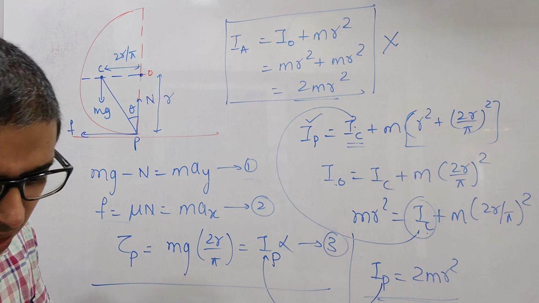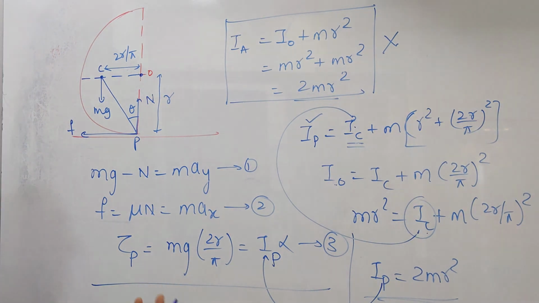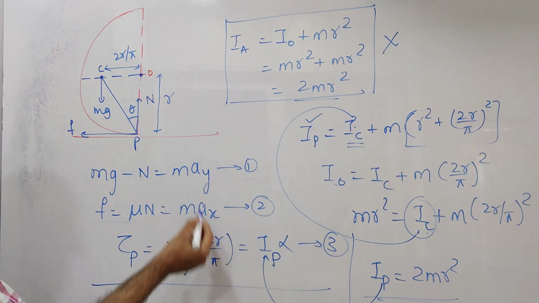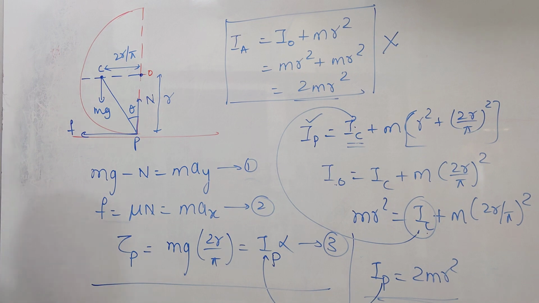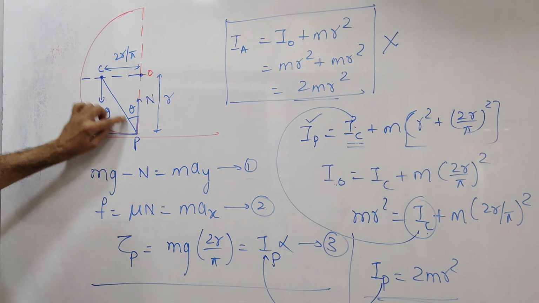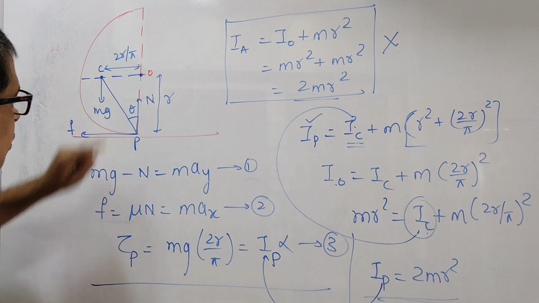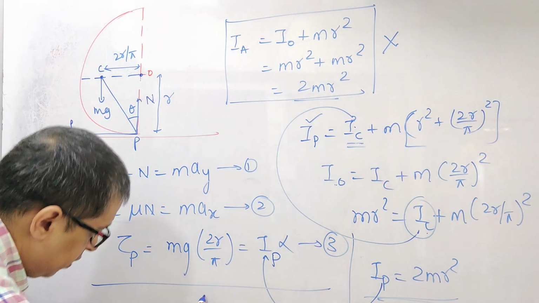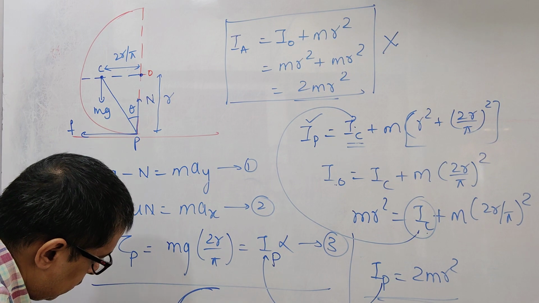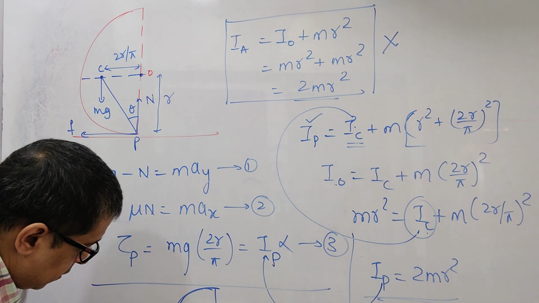What are the constraint relations for you? AX and AY. You know what is the value of this. Call this as D. You know what is the value of this. ACM. Wish I had more space. Have a look at this.